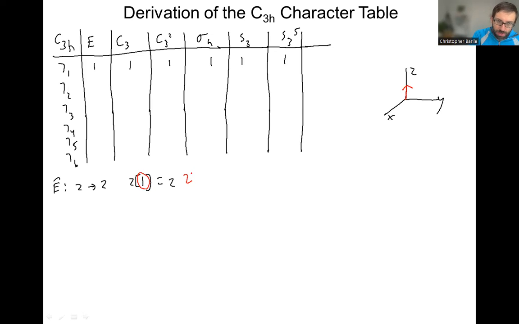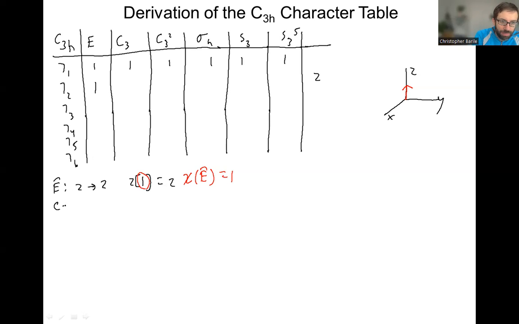We take the trace, or the character, of the matrix, which is the sum across the diagonals, where we have one component here. In this case, we're going to get that the character chi is equal to 1. And so we can say that the z vector is going to have a character of 1 here.